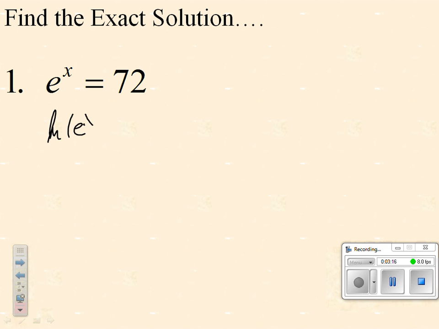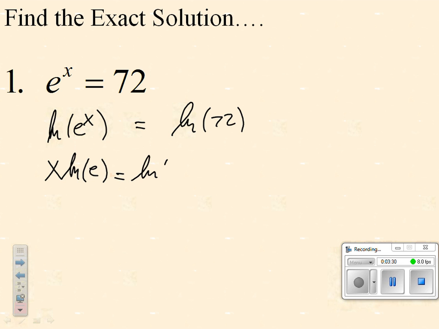Take the natural log on the left. I can do that as long as I do the same thing on the right. And the reason I did that is because now I can take this variable and set it over here. By the way, what is the natural log of e? 1. So that makes this the answer.